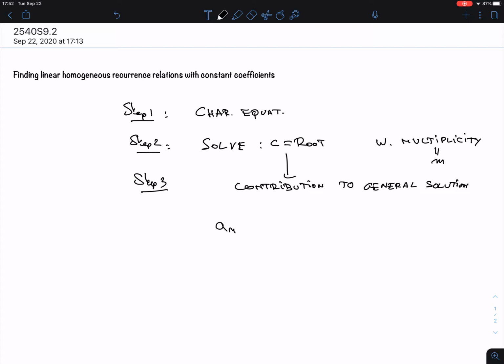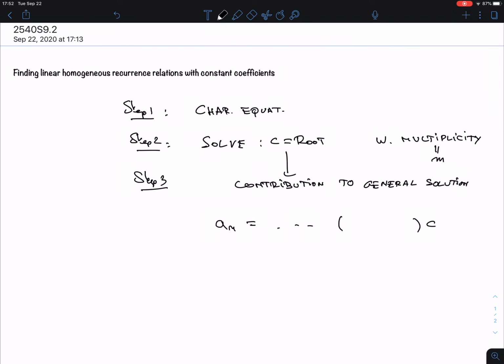So what do we say? a_n is a whole bunch of things, but the contribution of this particular root was this root to the power n. n was the index, right? And then what did we have here? This was a polynomial.